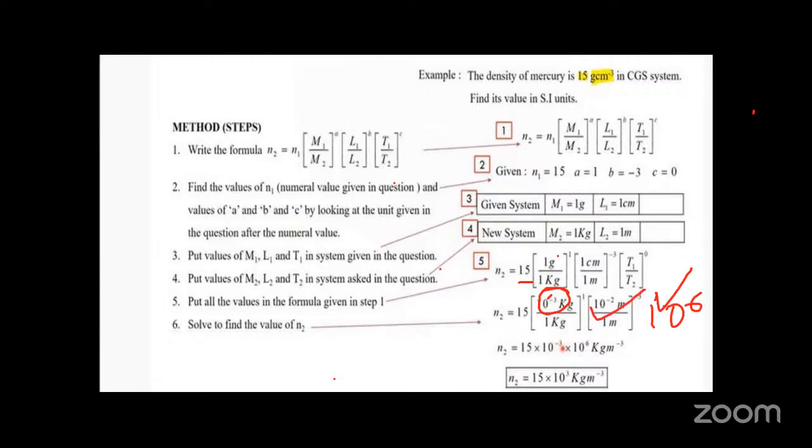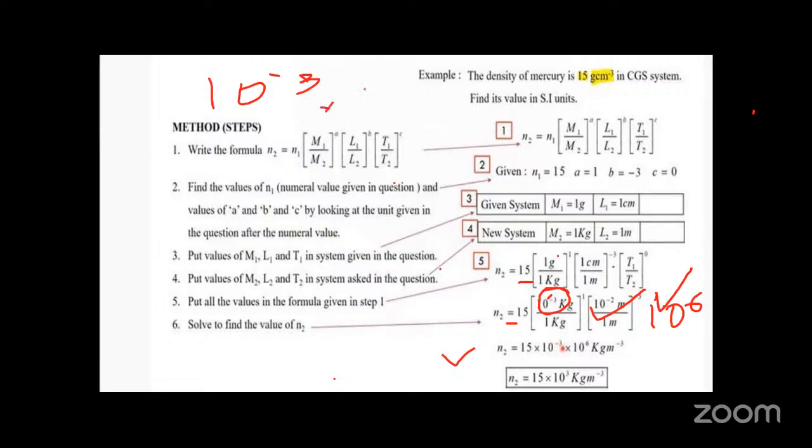So now, if we bring out everything here, we have 15, 10 raised to -3 times 10 raised to 6. So 10 raised to -3 plus 6 will give us plus 3.